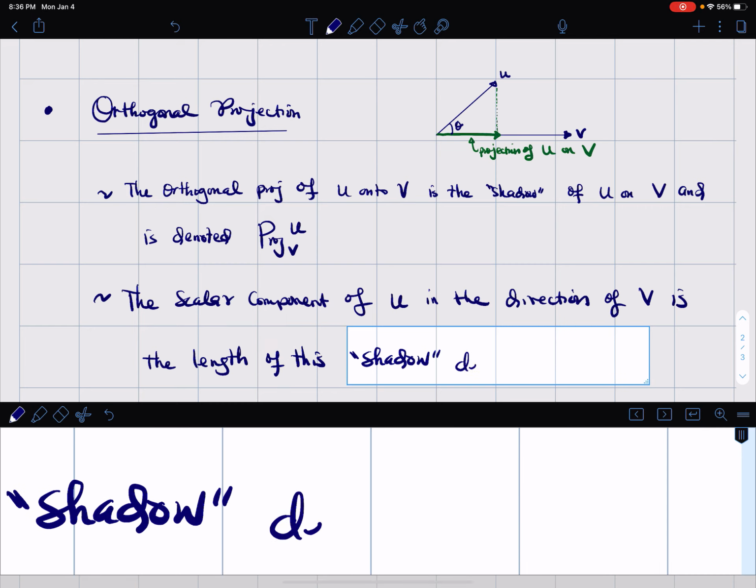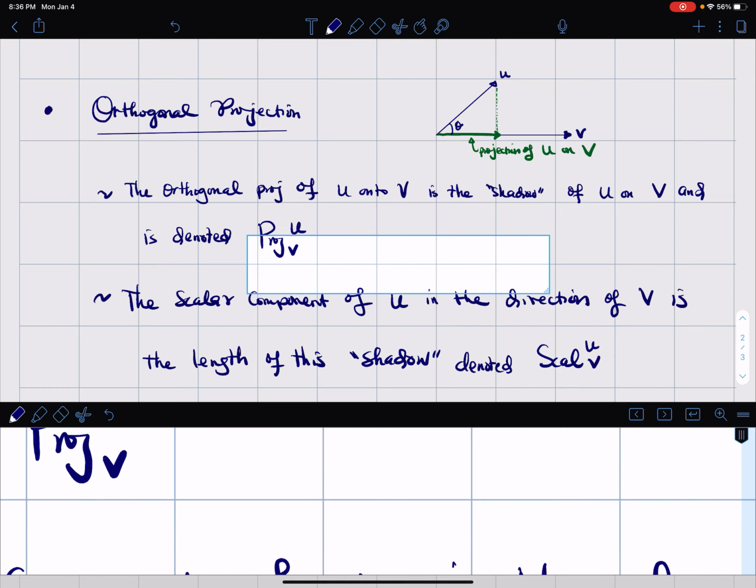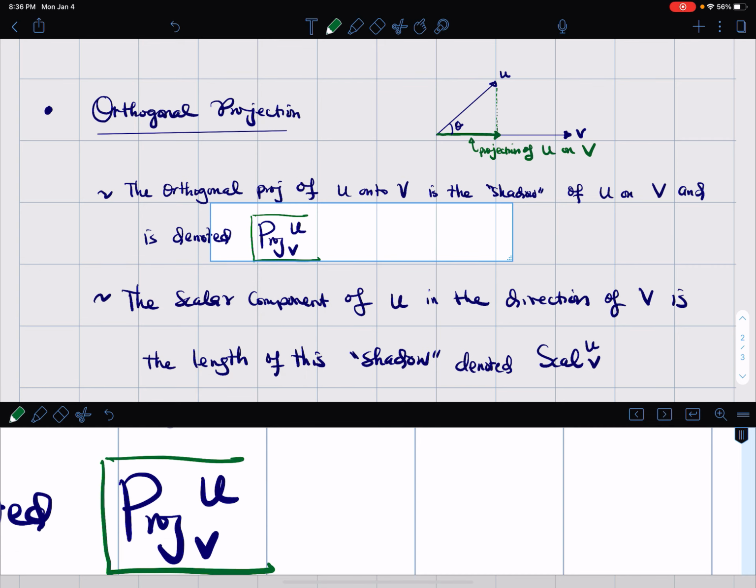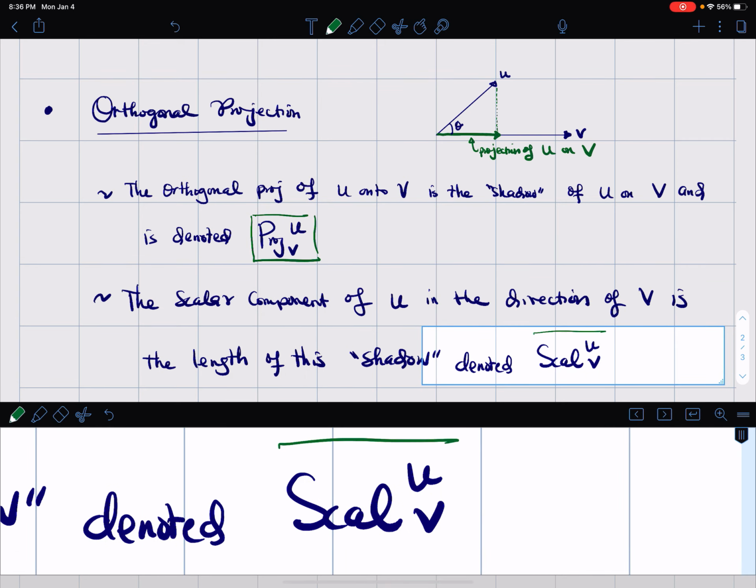And this scalar component is denoted comp_v u. All right, so put this in a box. I don't know why I'm doing that, but it just looks better that way.